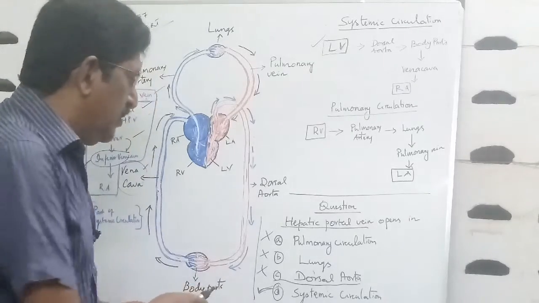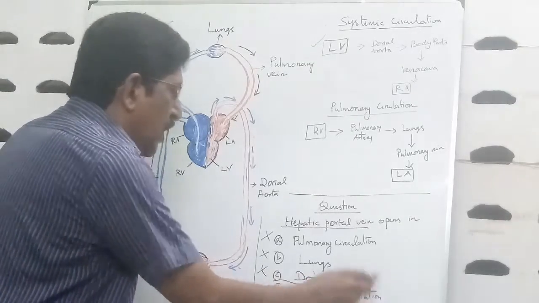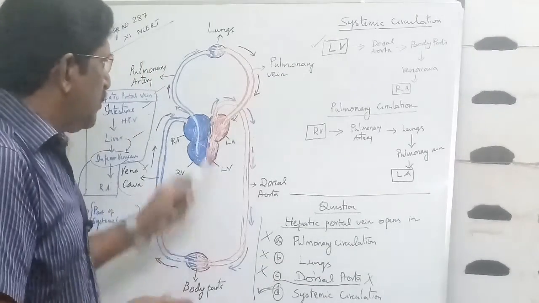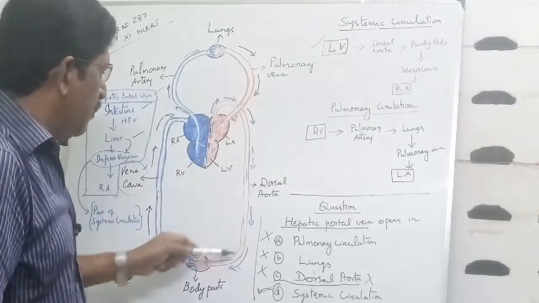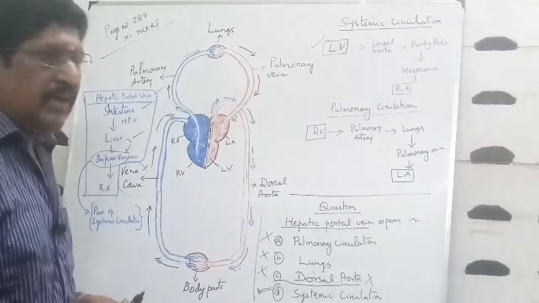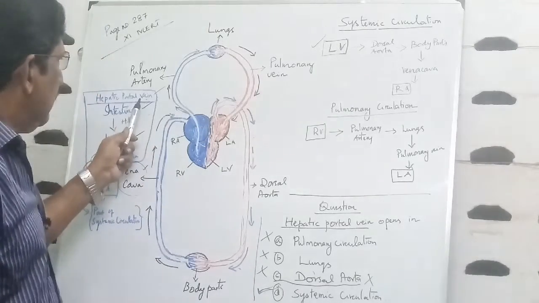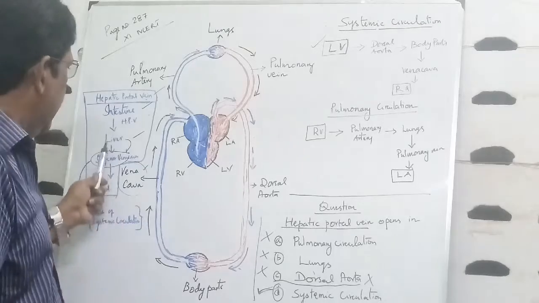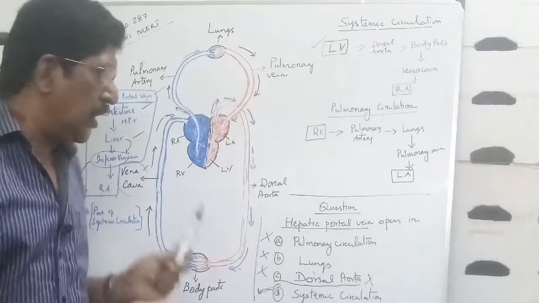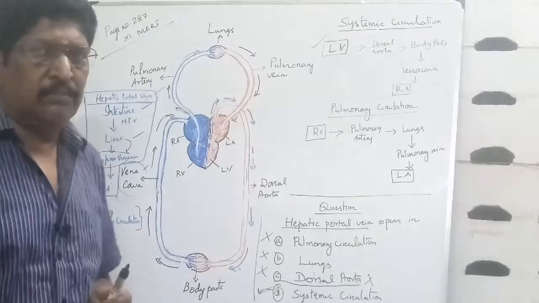That's why I told you the dorsal aorta is a wrong option. You must remember the dorsal aorta contains pure blood from the left ventricle, whereas the hepatic portal vein contains impure blood from the liver and opens in the inferior vena cava, not in the dorsal aorta.